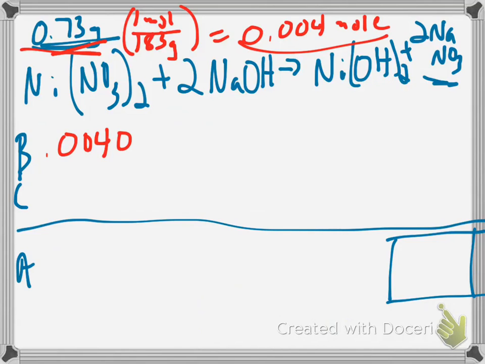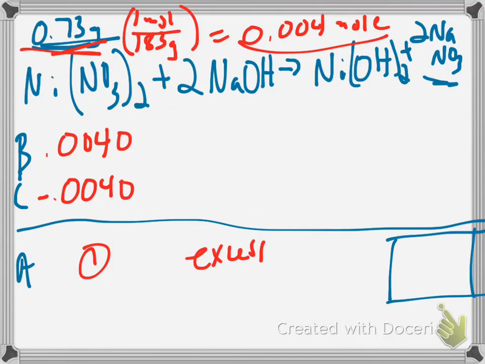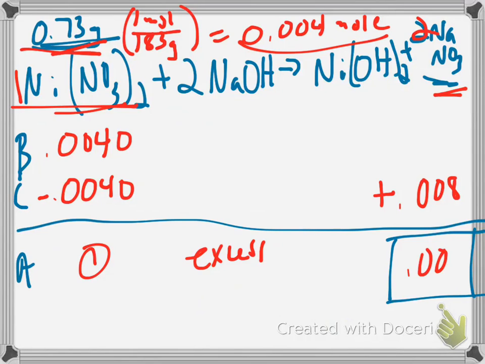Before value, change value, after value is 0. Okay, this is the one that's in excess here. And so we're trying to solve for the relationship between nickel nitrate and sodium nitrate. Now the relationship is a 1 to 2 ratio. So that means this change value here is going to be 0.008 moles.